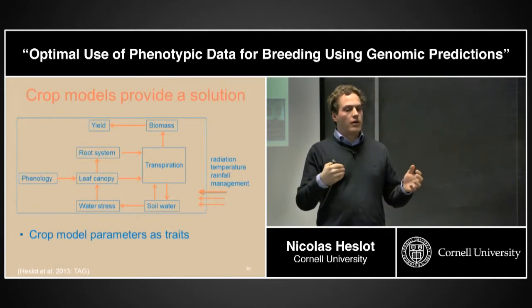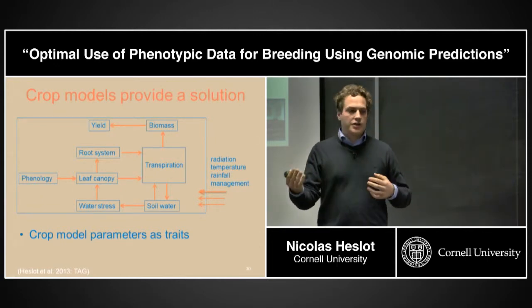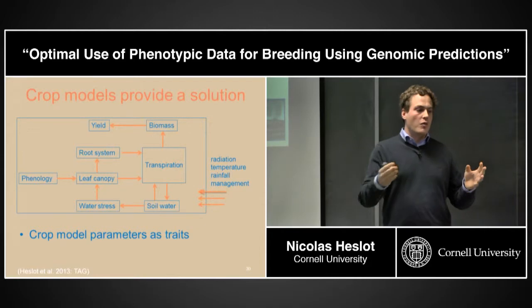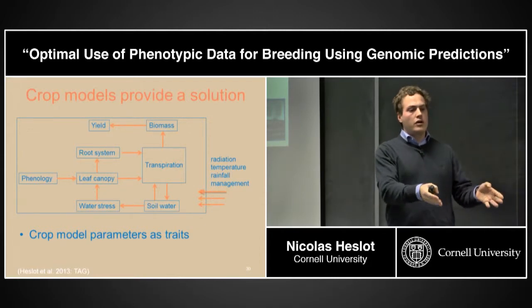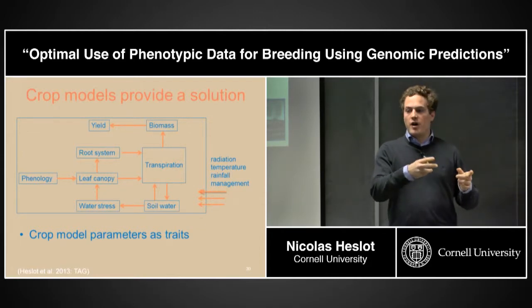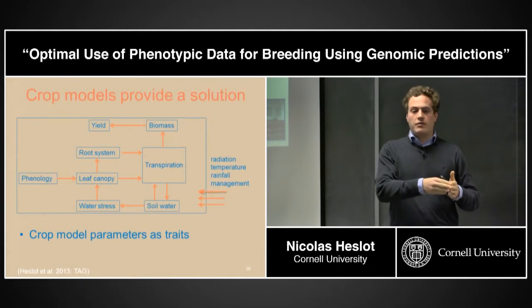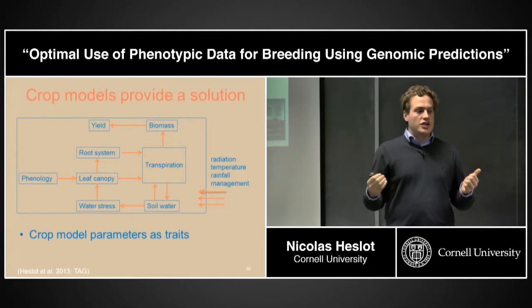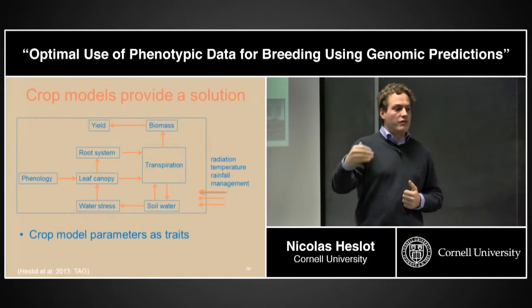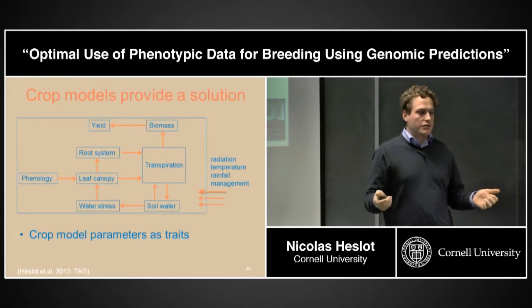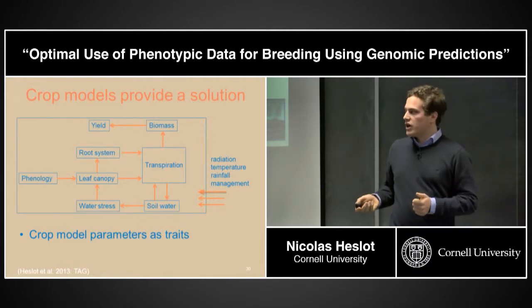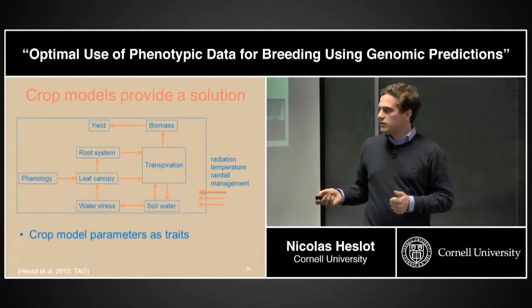So maybe a simple, or not so simple, but elegant solution would be to use crop models to make predictions and work on crop model parameters, that is, the parameters that distinguish one genotype from the next, and use those as traits, hoping that they will have higher repeatability, less G by E, and will basically be easier to work with using classic quantitative genetics tools. There are two limits to this approach.